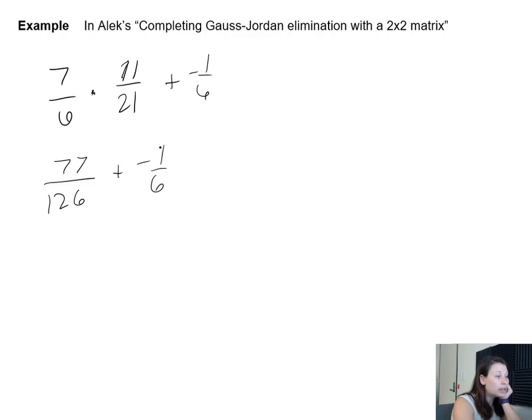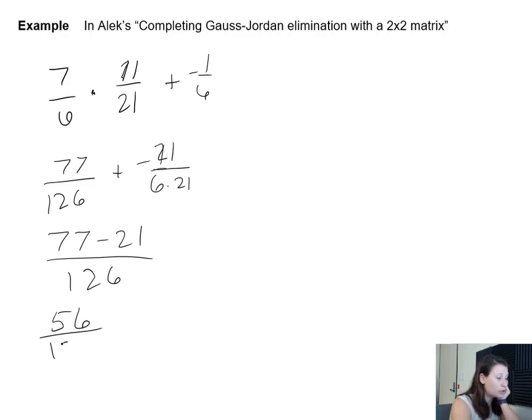Well, we need to get that to be 21 times 6 in the bottom. So that's 77 minus 21 over 126. That's 56 over 126. We can take a 2 out of both. So 56 divided by 2, that's 28. 126 divided by 2, that's 63.